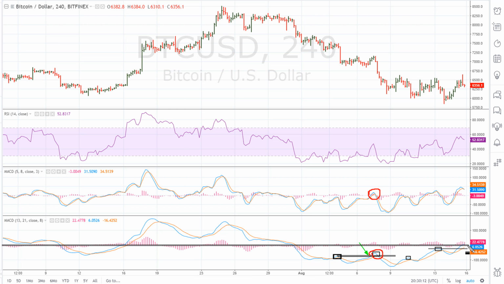The average movement is to the downside, as opposed to an increment in prices. So generally speaking, when the MACD is below zero, it just means prices are trading with a heavy slant to the downside.